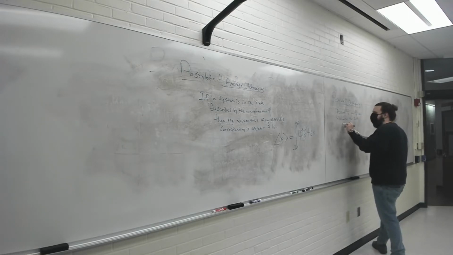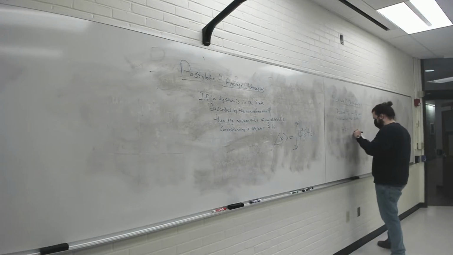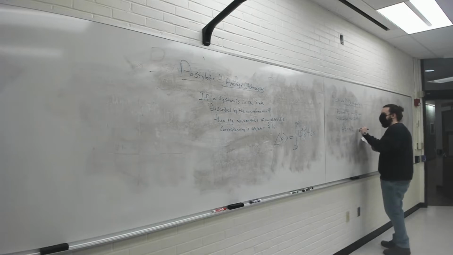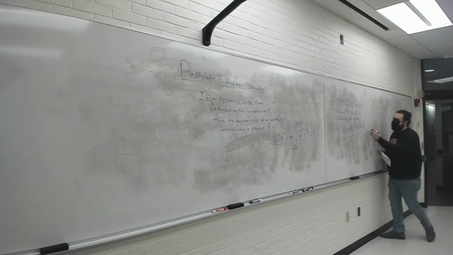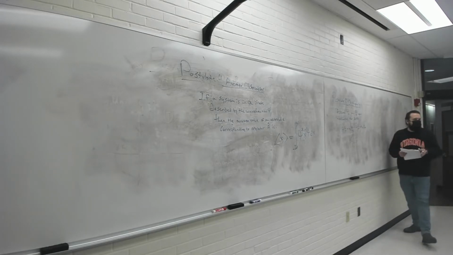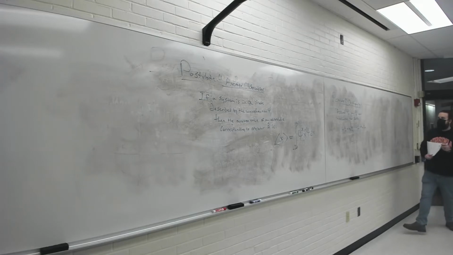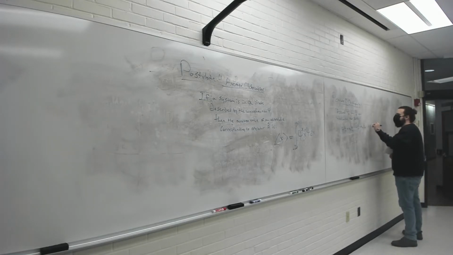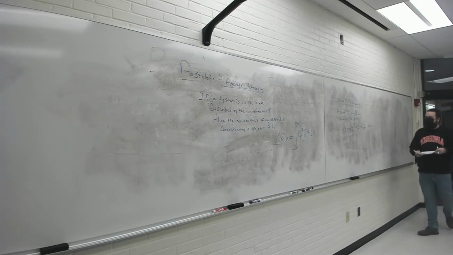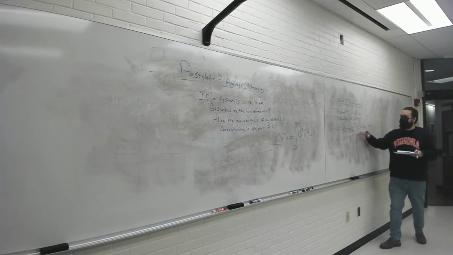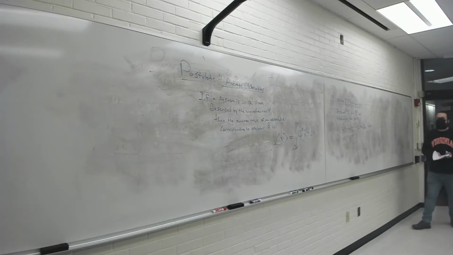Apply an operator A to psi n, and you get some eigenvalue a n for that. And you apply it to the other one, psi m, and you get an eigenvalue a m for psi m. And let's assume that n is not equal to m. So you have two different wave functions that give you two different values, two different observables.